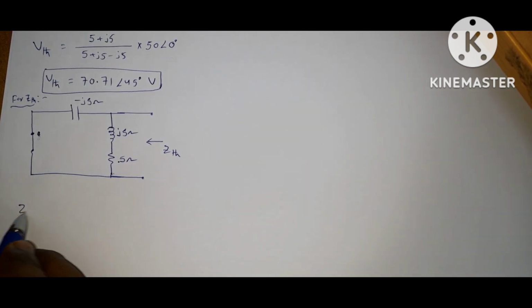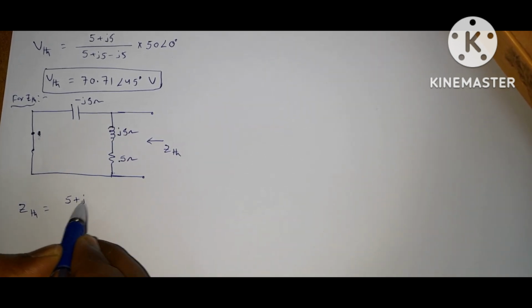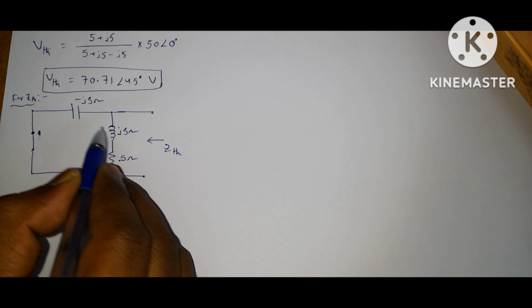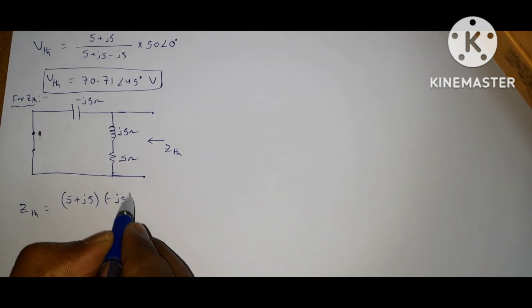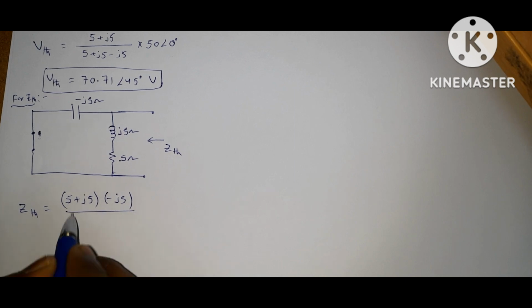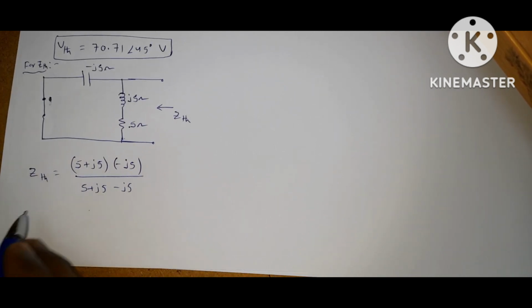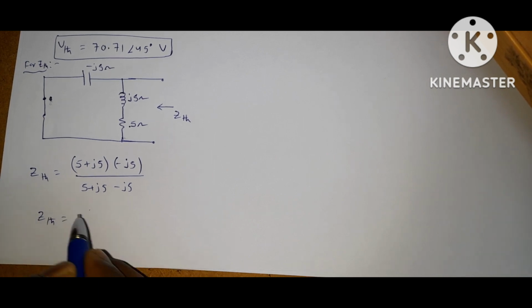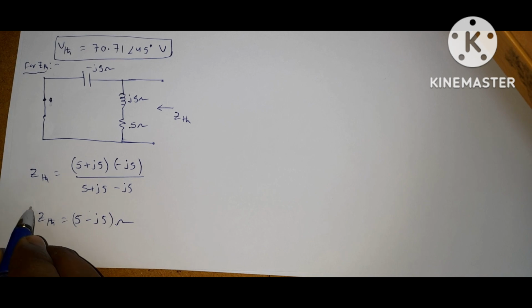So what is Zth now? Zth is equal to these two in series, so 5 plus J5, and this combination is parallel to this minus J5 ohms. So Z1 Z2 by Z1 plus Z2, so 5 plus J5 minus J5. So you will get Zth is equal to 5 minus J5 ohms.